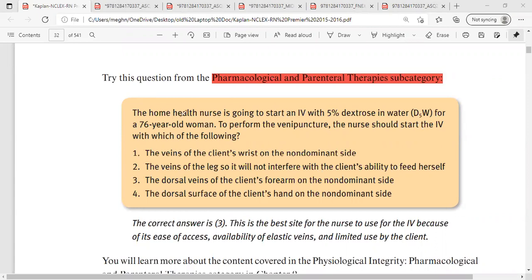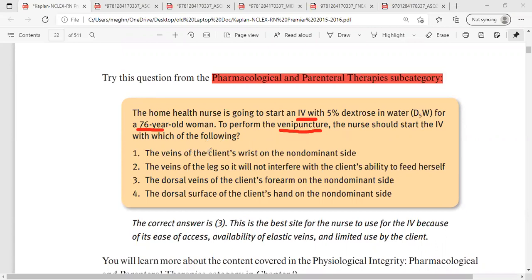The home health nurse is going to start IV with 5% dextrose. My patient is 76 years old. And to perform the venipuncture, the nurse should start IV with which of the following?